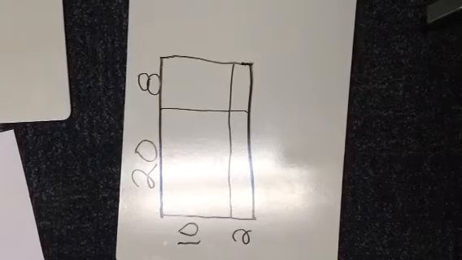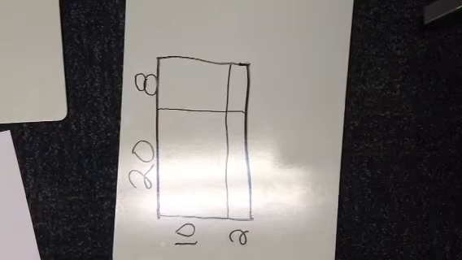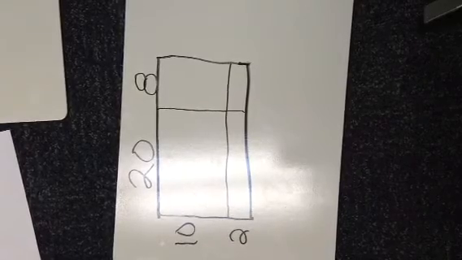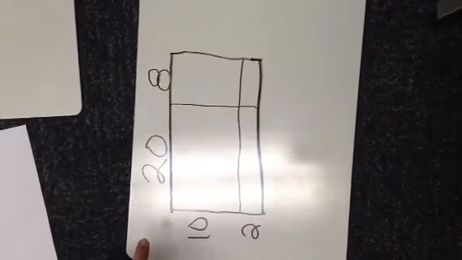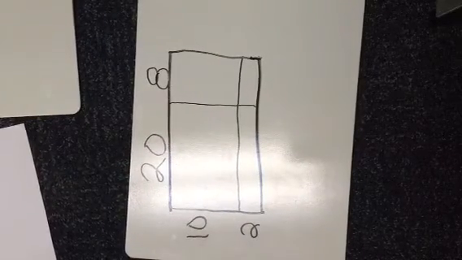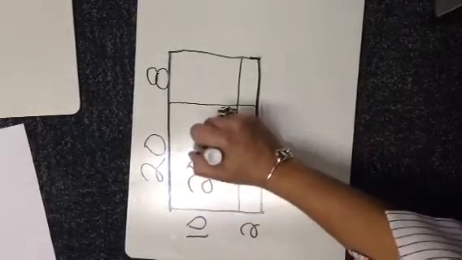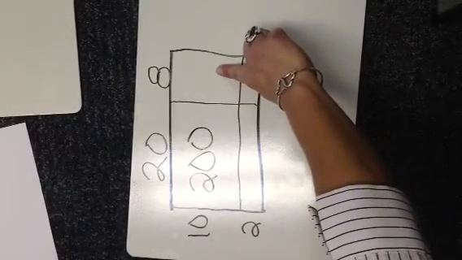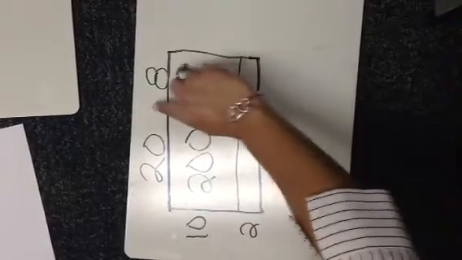Now we're going to use what we know about area, which is we can find the area of a rectangle by multiplying the dimensions, length times width. For this first rectangle, we have a length of 20 and a width of 10. 20 times 10 is 200. Now I'm going to look at this rectangle here. It has a length of 8 and a width of 10.